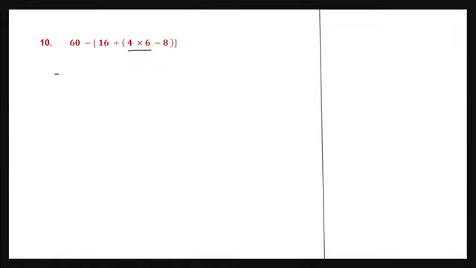So let's start. 60 minus curly bracket 16 divided by common bracket 4 sixes are 24 minus 8, close brackets, close the curly bracket. Now we have curly bracket and the common bracket, and we have to work out the common bracket next.